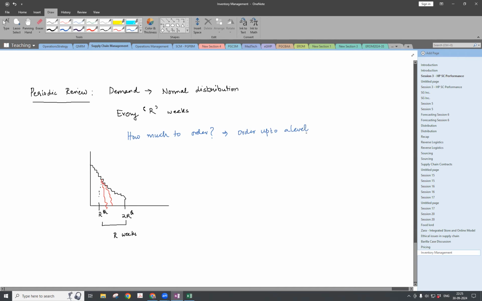The order up to level is a roundabout way of saying how much I'm ordering. Think of it like a tumbler which has the highest capacity, which is over here, right? If we drink water and the next period the water happens to be over here, the maximum amount that I can fill it up to is this level, right?